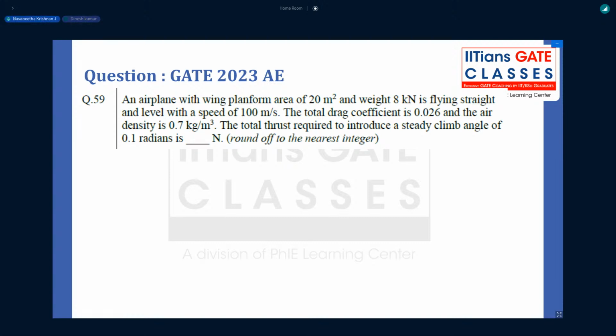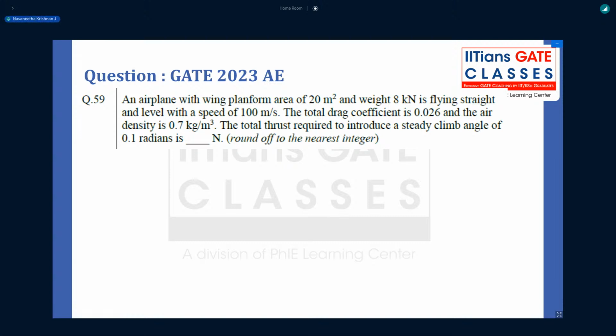We'll solve three problems. GATE 2023, question number 59. An airplane with a wing planform area of 20 square meters and weight 8 kilonewton is flying straight and level with a speed of 100 meters per second.